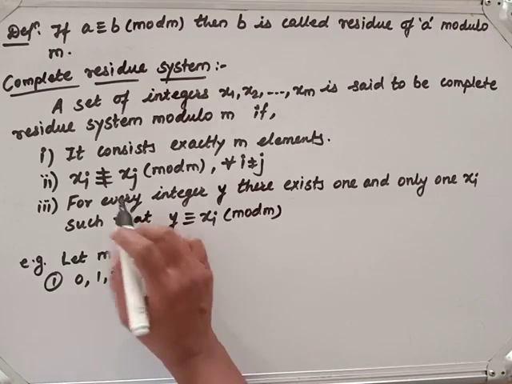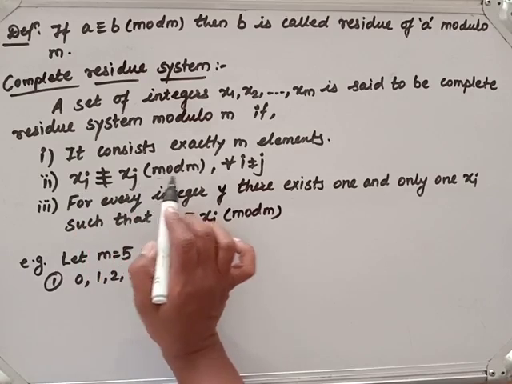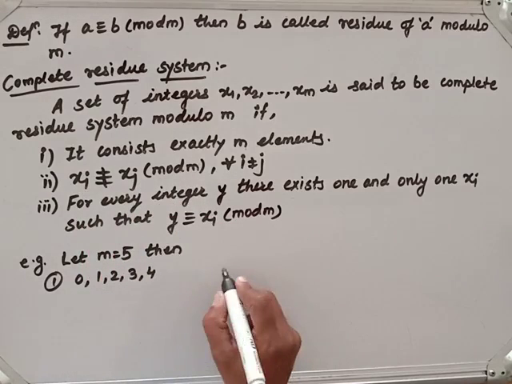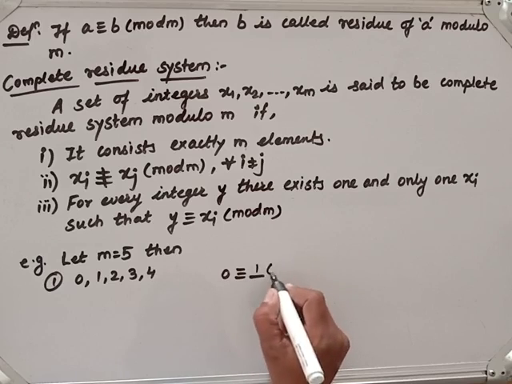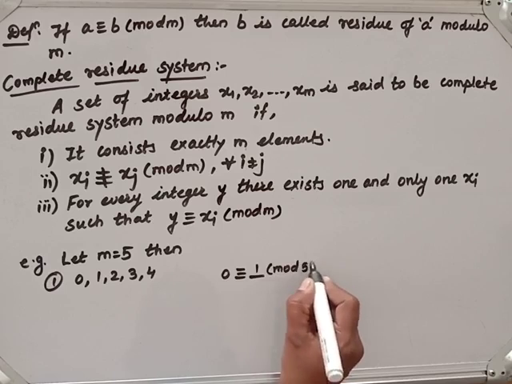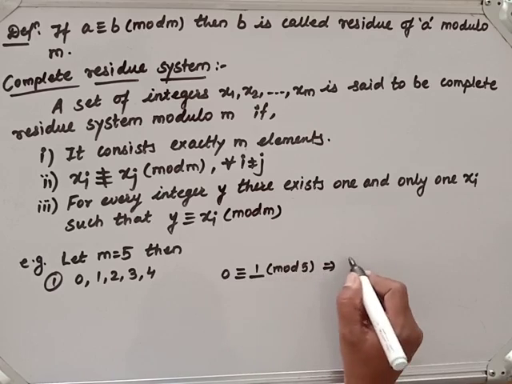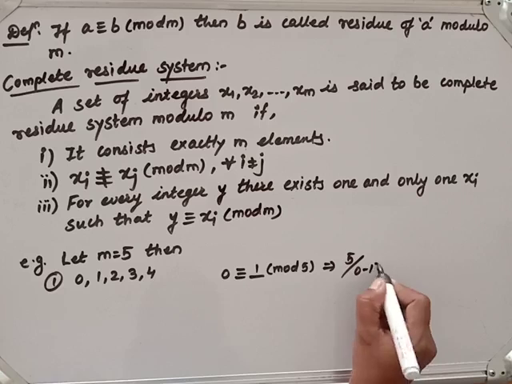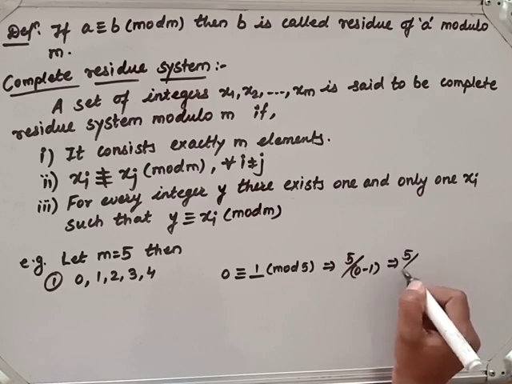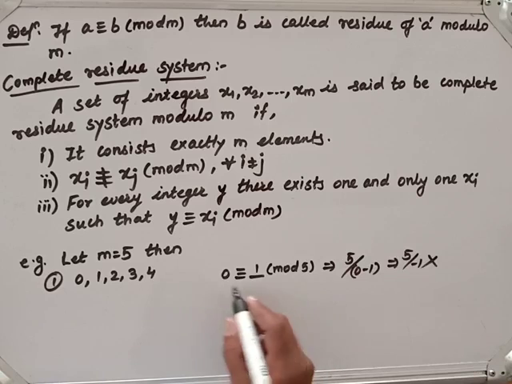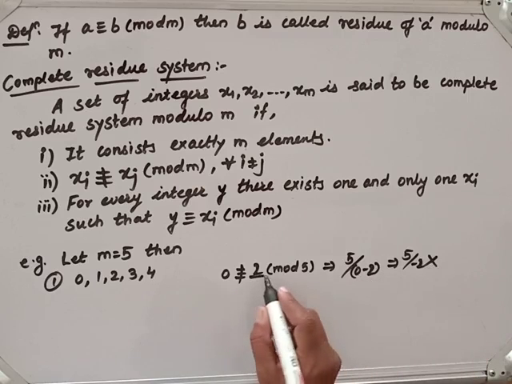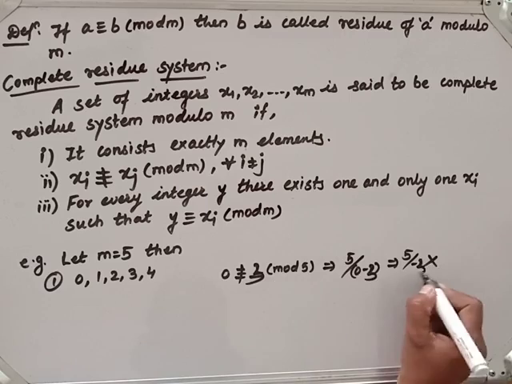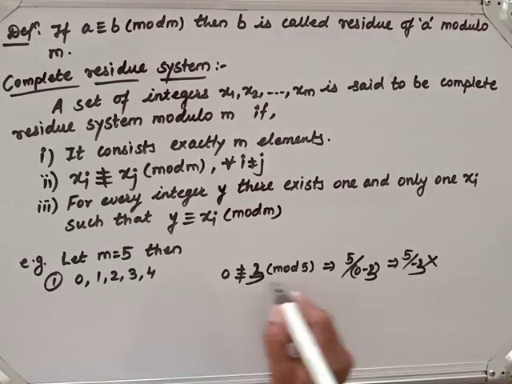Now we have to check that xi is not congruent to xj modulo m. Let us check. Is 0 congruent to 1 modulo 5? This would mean 5 should divide 0 minus 1, that is, 5 divides minus 1. But this is not true. So 0 is not congruent to 1 modulo 5. Again 0 is not congruent to 2, 3 or 4 modulo 5.